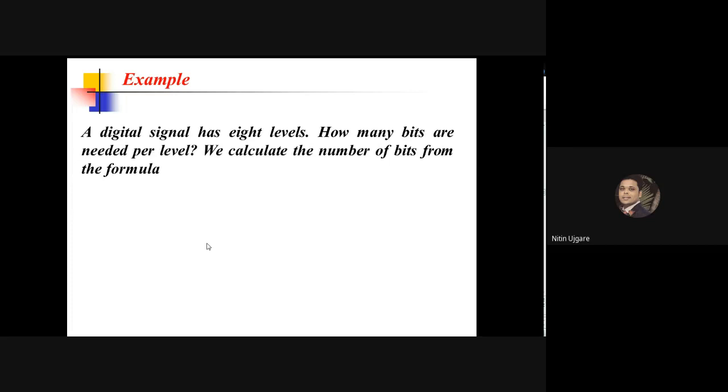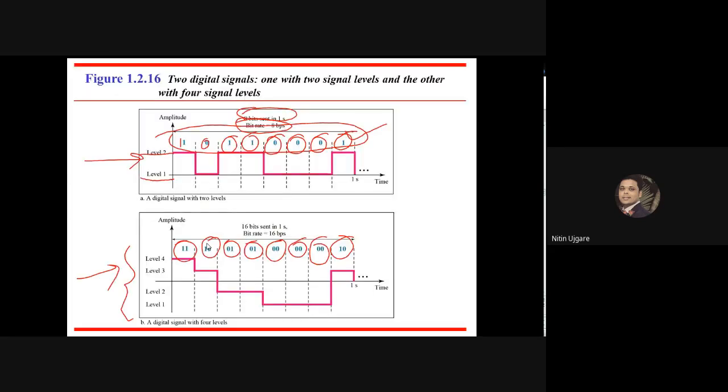Remember, if a digital signal has 2 levels, then at each level it can carry only 1 bit, and we have seen this in this figure. Here at every level this signal is carrying only 1 bit, and in 1 second it sends only 8 bits, because this forms the 8 bits. So that's the bit rate of the digital signal.